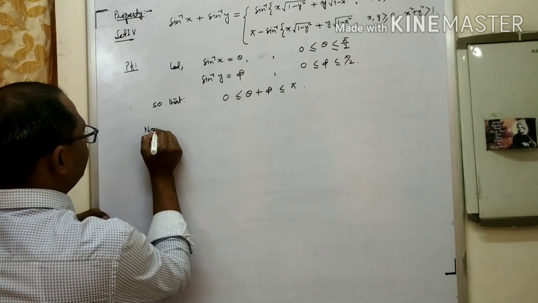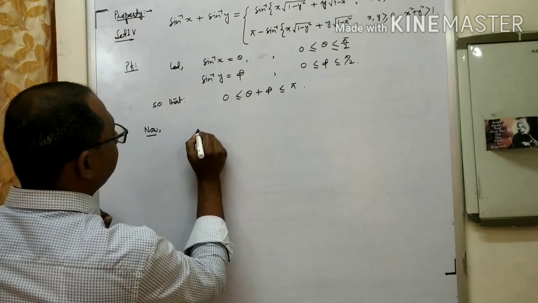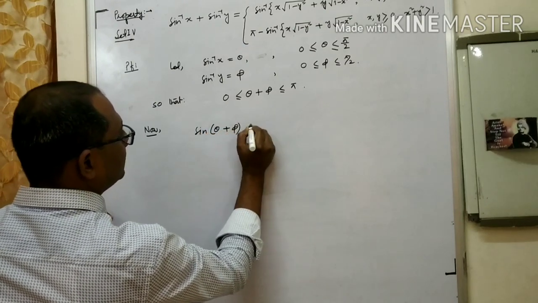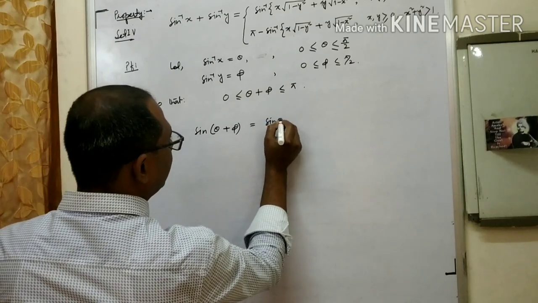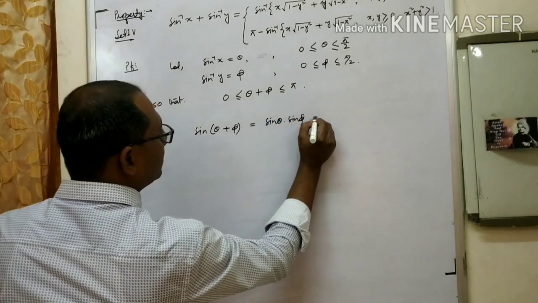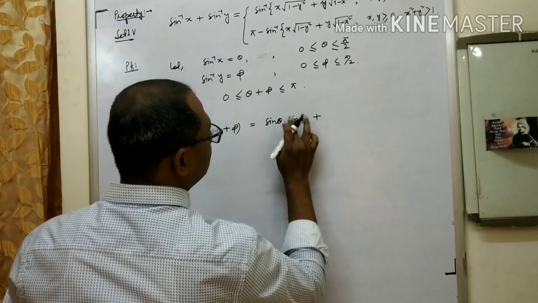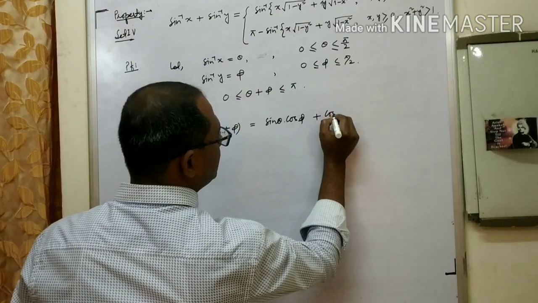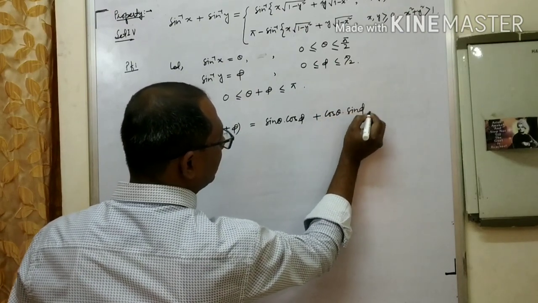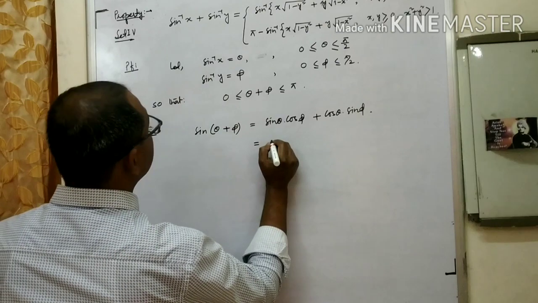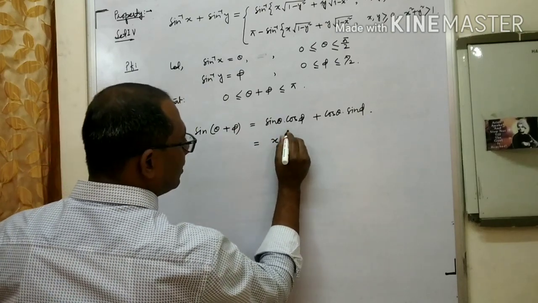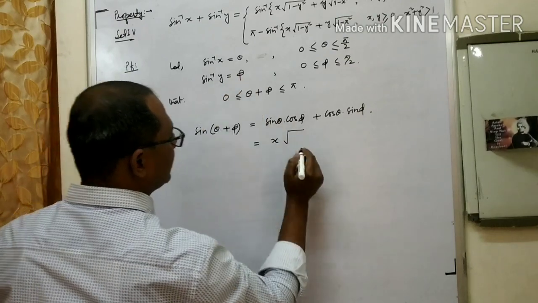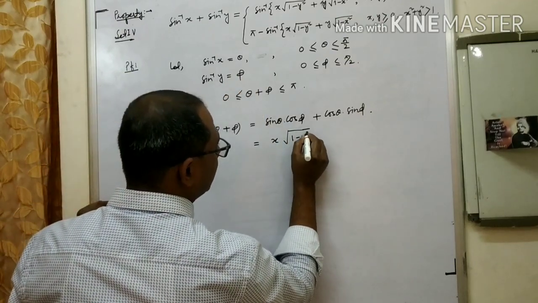Now, sine of theta plus phi is sine theta cos phi plus cos theta sine phi. We know this. So sine theta is x, cos phi is root over 1 minus sine square phi, that is root over 1 minus y square.